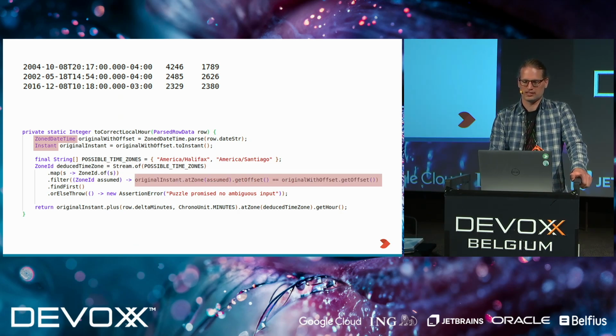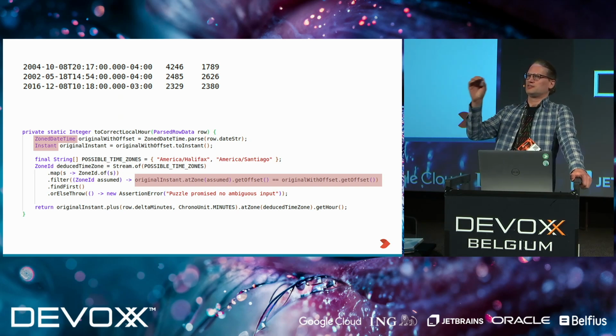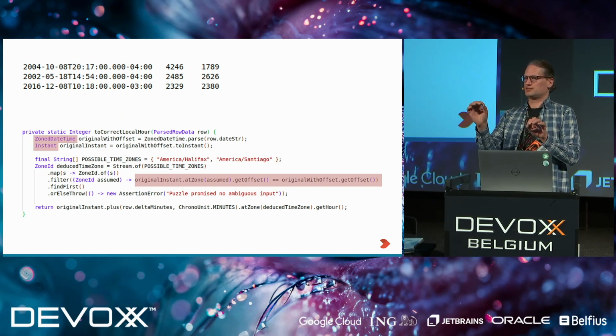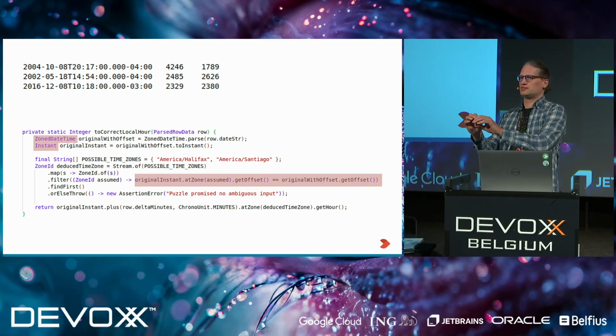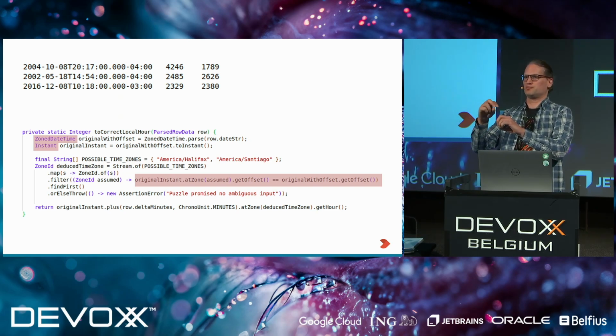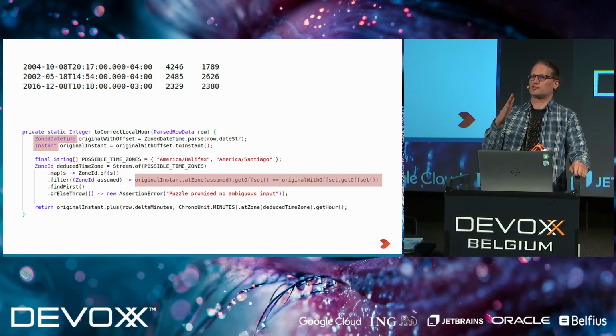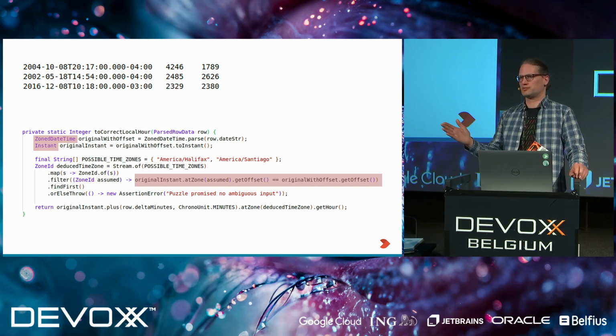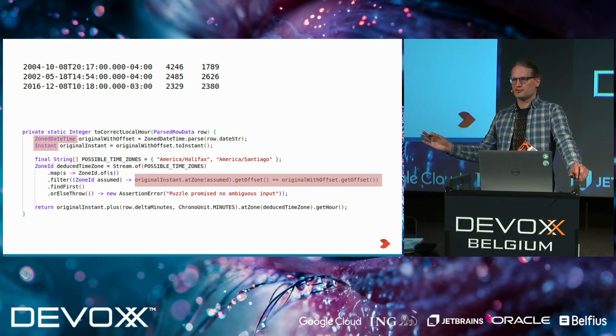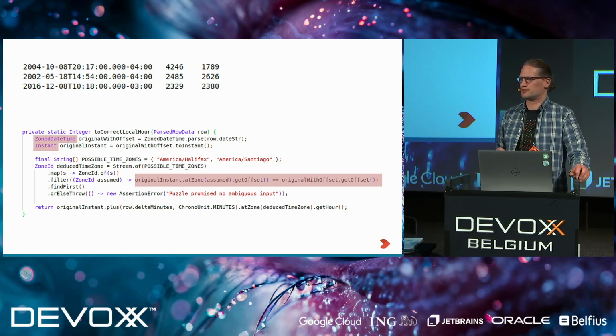And what we're going to do is take the original time with offset, convert it to an instant, and then map it through both different time zones. So we assume it's one time zone and then the other time zone, and check the new offset we get and see if it's the same as the original one.